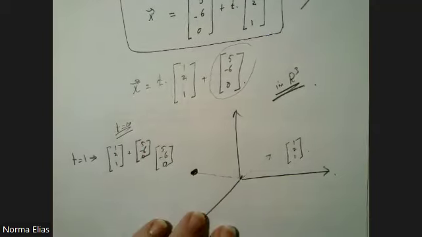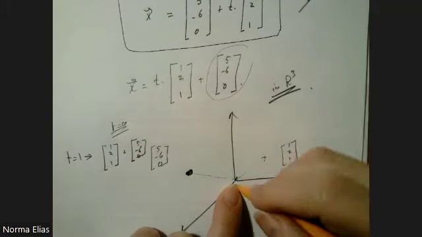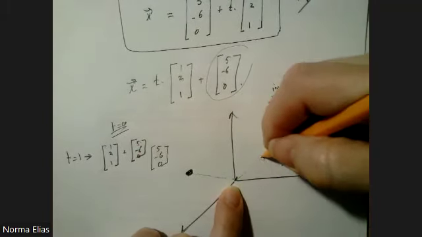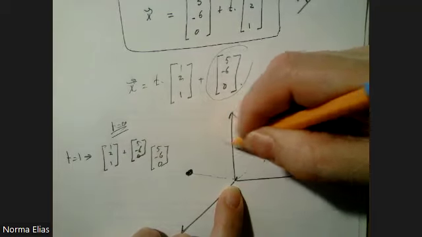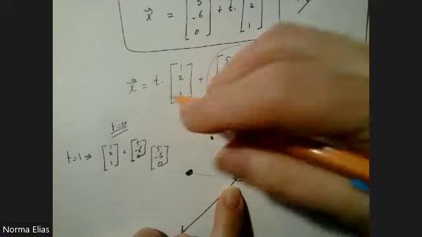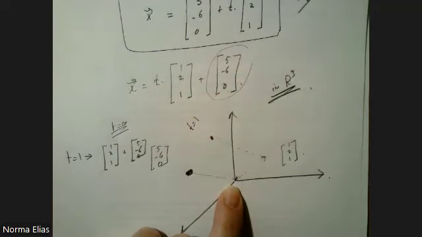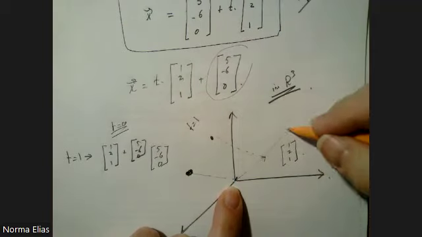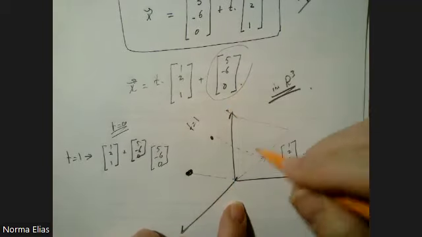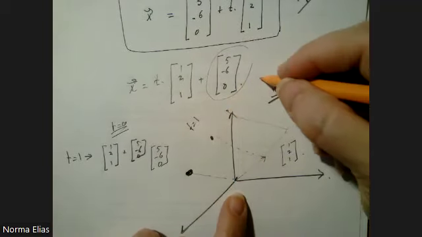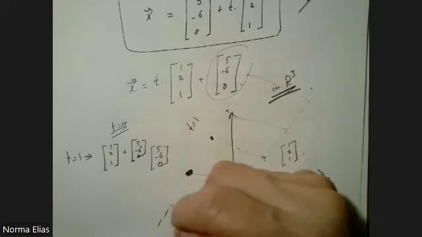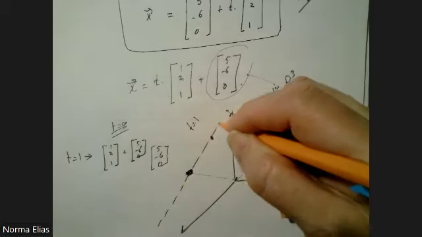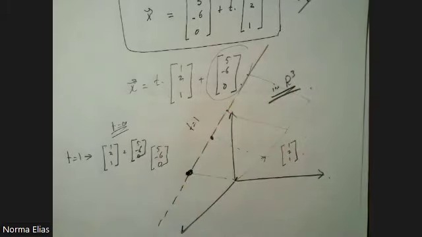Graphically, this is (1, 2, 1), and you're adding to it (5, -6, 0). Then t equal to 2: you go a little bit this way, and then you add the vector (5, -6, 0). t equal to 3: you go this way and you add this vector. So all the solutions are going to be exactly on this line.